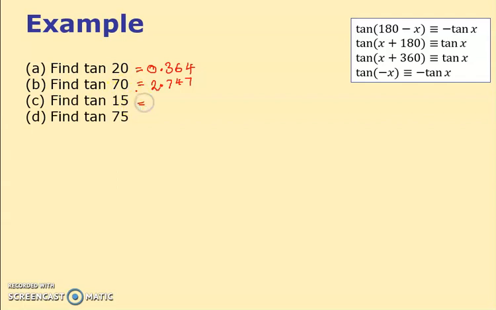Find tan of 15. Now, it's kind of implying there's a link here somewhere. So tan of 15, well, I get, as a decimal, 0.268. And tan of 75, I get 3.732.